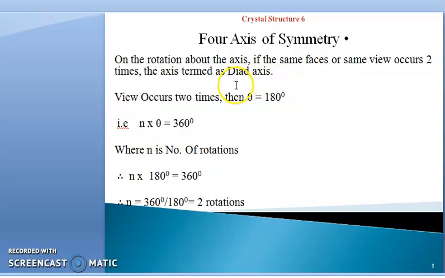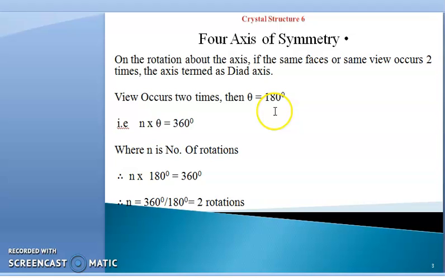180 degrees. That is, the formula is n into theta is equal to 360 degrees, where n stands for the number of rotations of the crystal, and theta is the angle through which it rotates. Total 360. So n into theta is equal to 360, and theta is given here as 180, because the view repeats twice.